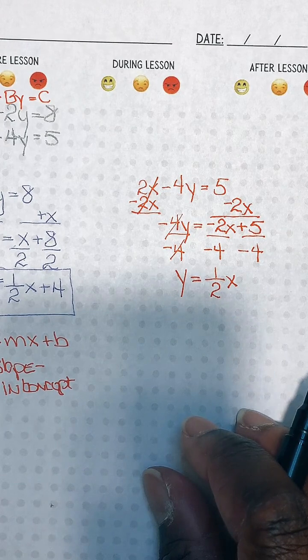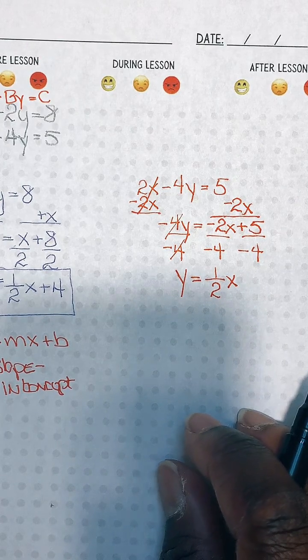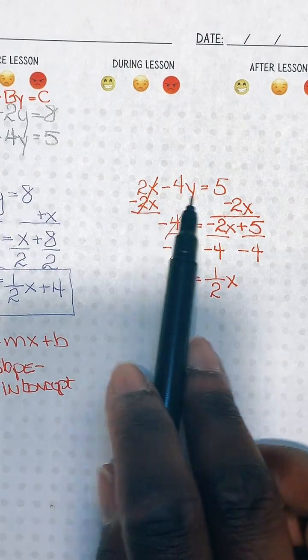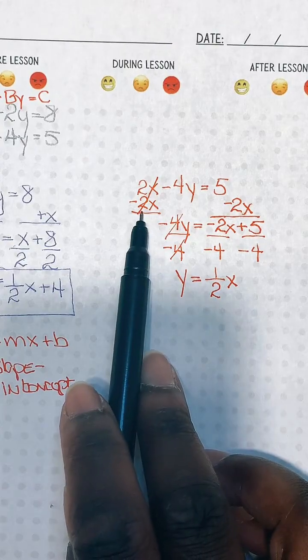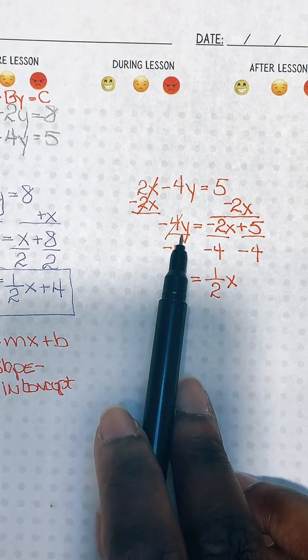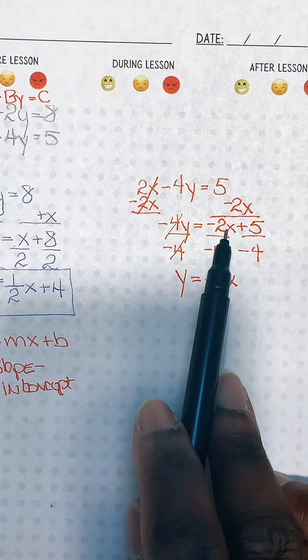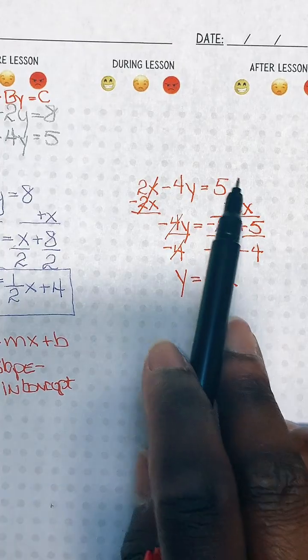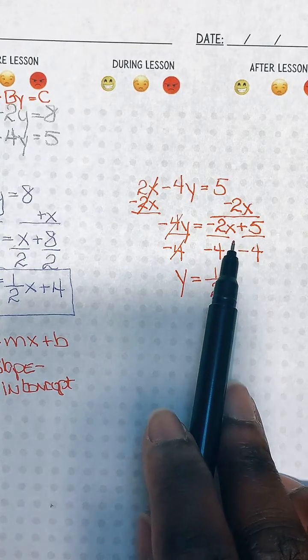I was thinking, but it was in fraction form. Yes. Okay, I'm lost. So, you have your equation. You subtract the 2x on both sides. The -4y comes down, -2x, positive 5. I can't combine these because they're not like terms.